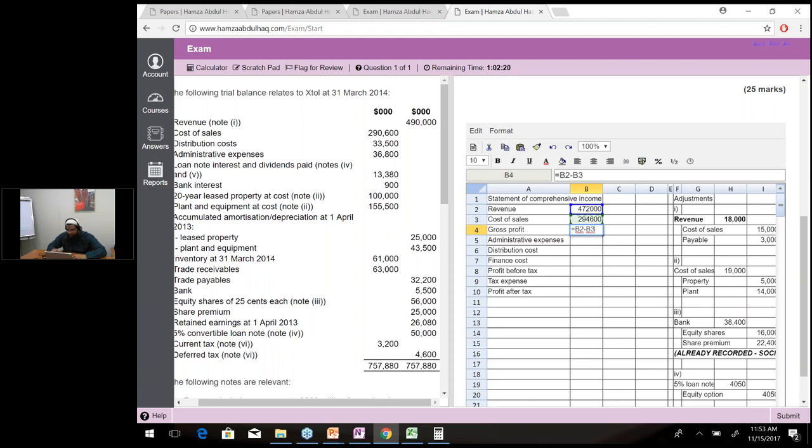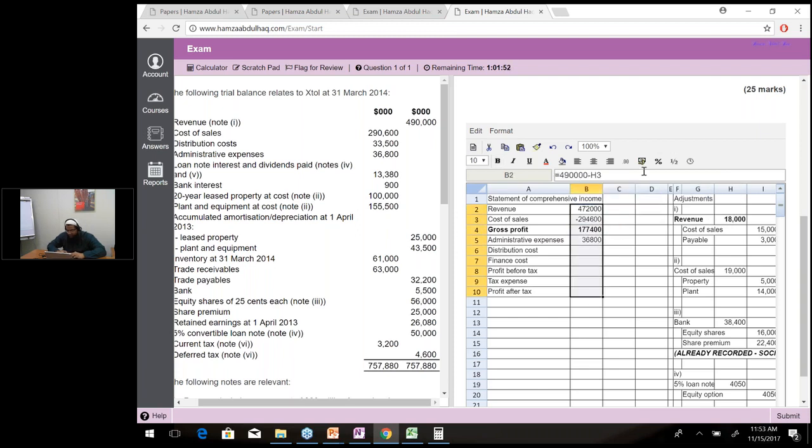So 472 minus 294,600 will give us the gross profit of 177,400. Now the administrative expenses are 36,800. If you want to write these values as a negative, you can even do that, but use a bracket in that case. So this would become negative, and now the gross profit will be the sum of these two.